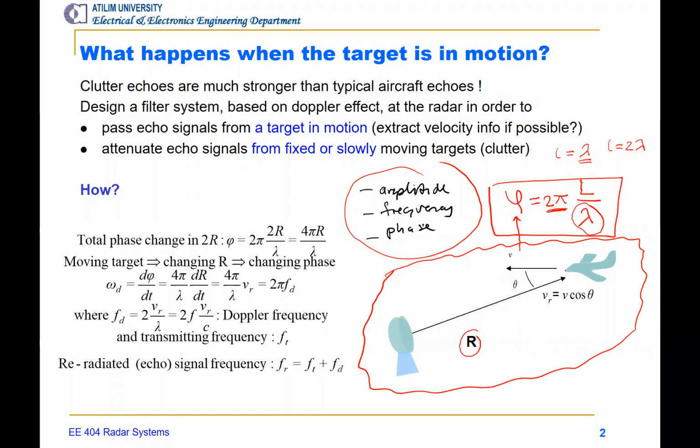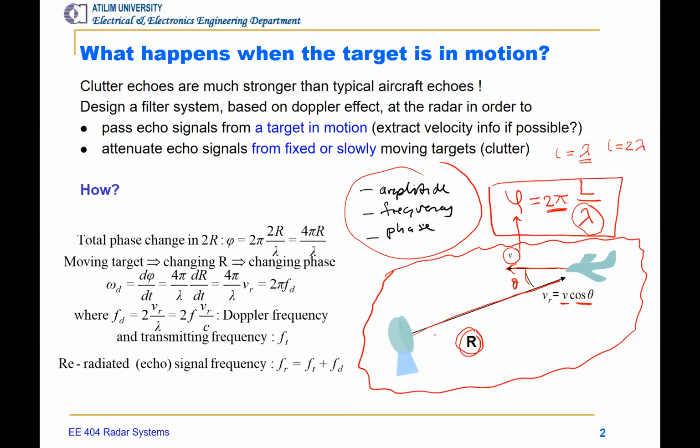It has a speed of v, and there is an angle between the line from the target to the radar and the direction of the motion of the target, which is theta. Then we talk about radial speed, which is the speed of the target times the cosine of this angle.